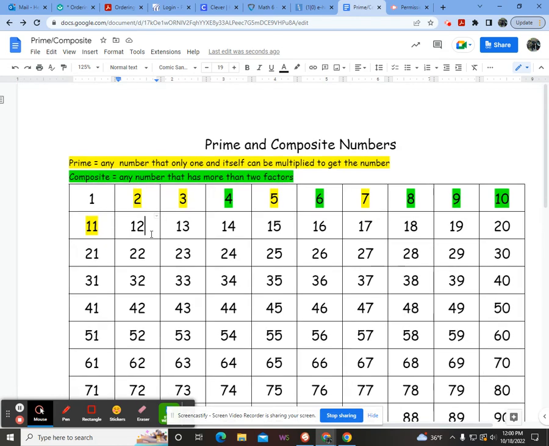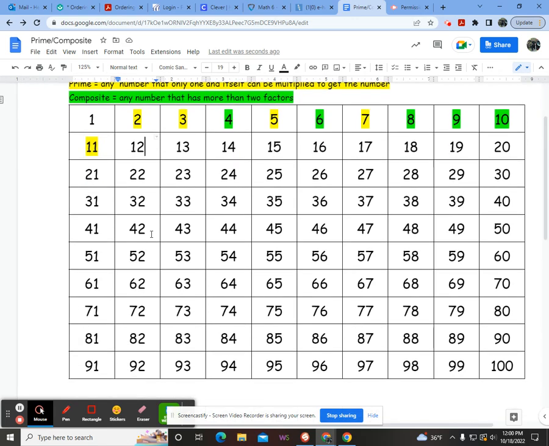If you notice, I set these up as a tens chart for a reason. All of these numbers underneath 2 end in a 2, which means 2 will go into them. Therefore, they are all what kind of numbers? Composite, because they have more than 2 factors. So you can highlight 12 through 92 and turn all those green because 2 goes into them.